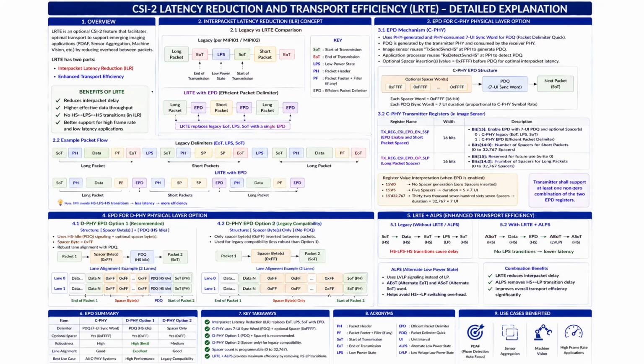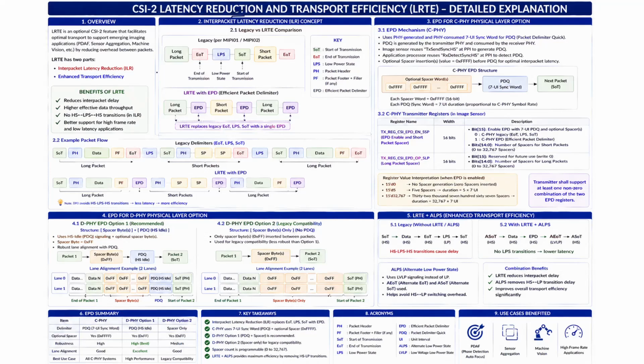Same thing here also, the camera is transferring the fastest information from camera to processor. So this LRTE reduces the unnecessary pauses for continuous transmission of information, right? That is the main usage of LRTE, link latency reduction and transport efficiency.